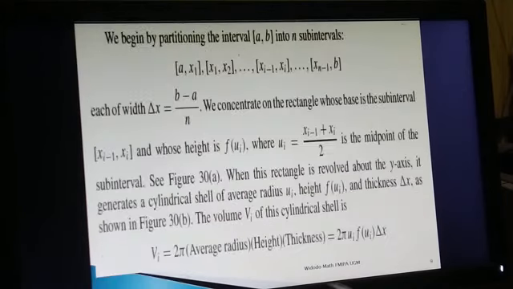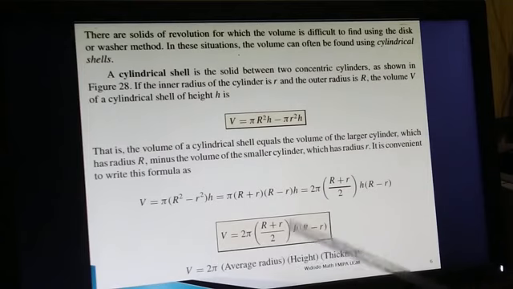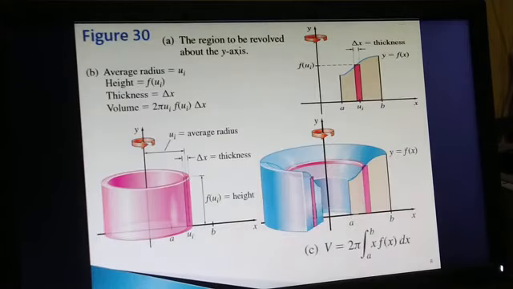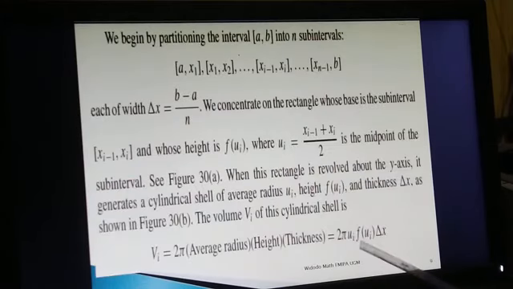So we have the element of volume 2 pi ui f(ui) delta xi. That means, from the formula, 2 pi times the average radius of the pipe times the height and times the thickness is exactly equal to 2 pi ui f(ui) delta x.